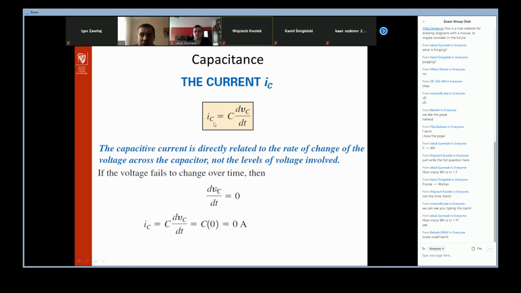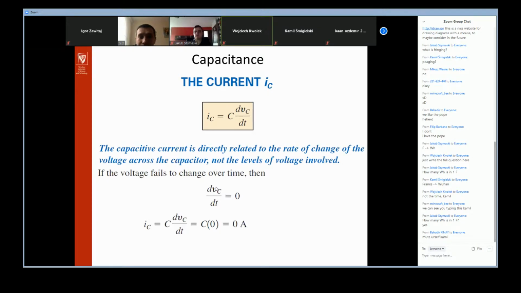Because as you see, for DC conditions, when we have the steady state, the current which is passing through the loop where we have the capacitor is zero. Yeah? The voltage drop on the capacitor also has a steady state, and it is fixed. It is the maximum value.